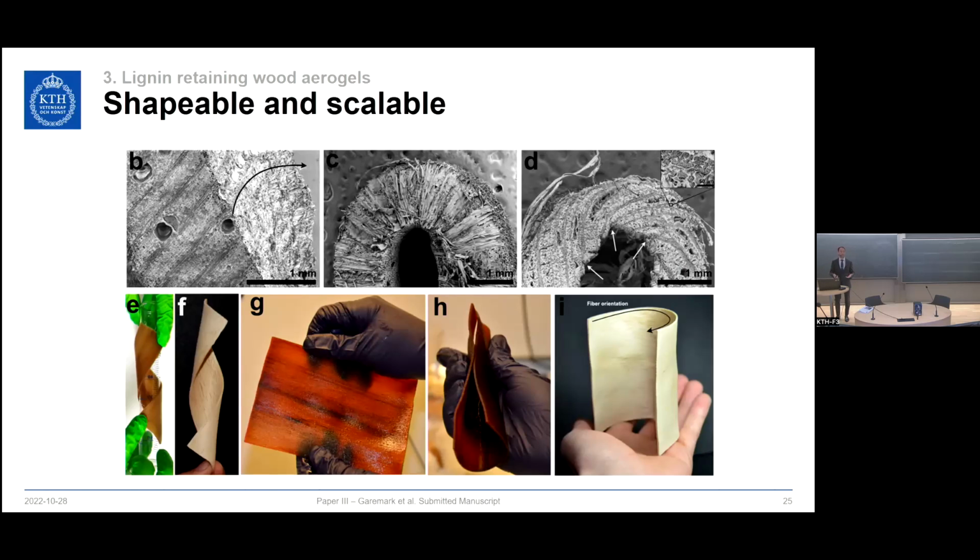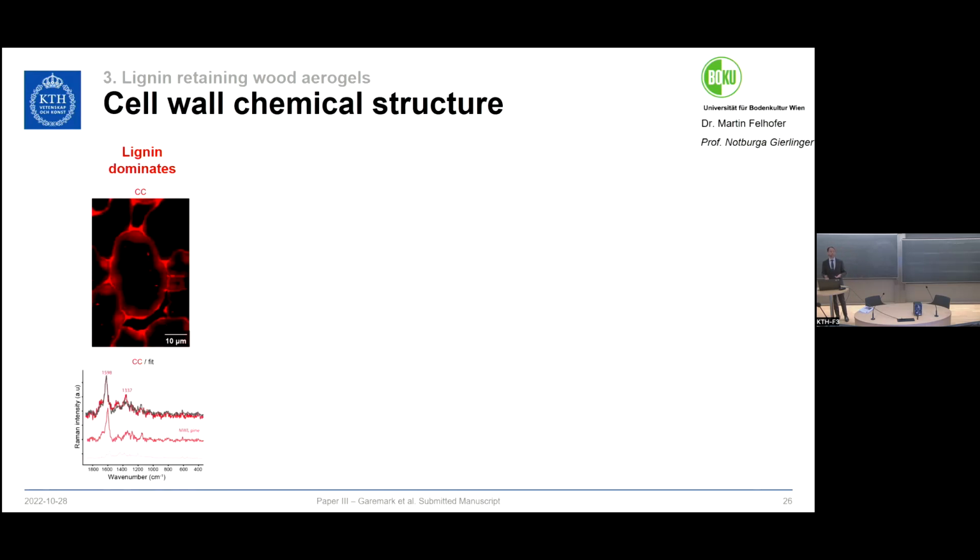So to better understand the physical properties, we needed to study the cell wall chemical structure. And we did this by using confocal Raman spectroscopy, in which we used a multivariate approach. And we separated out the most different spectra. So I will start first with the lignin-dominating spectra, which you see here. And what we see is that the cell corners and the compound middle lamella are very lignified.